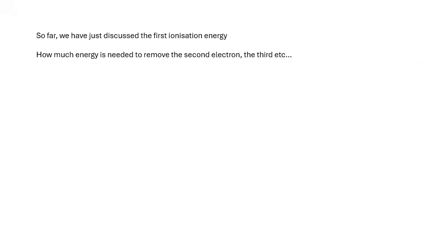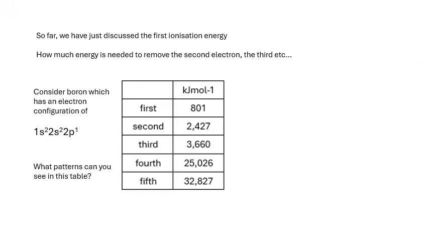So far, we've just discussed the first ionization energy. Now, what about the second and the third and maybe the fourth? How much energy is needed to remove the second electron, the third, etc.? Well, I'm not going to use a graph for this one. We're just going to look at the numbers, and we'll see the numbers form a nice little pattern. We're going to look at boron.